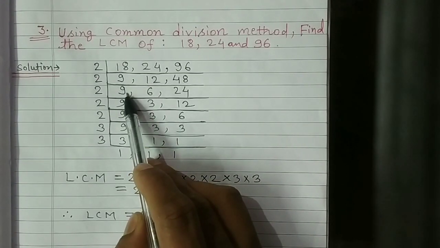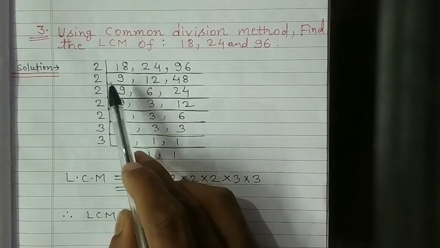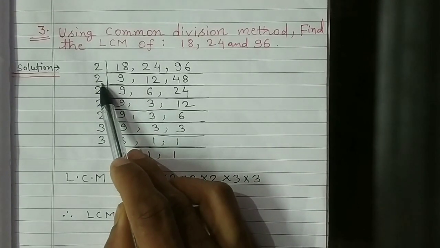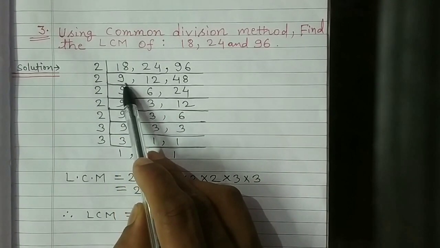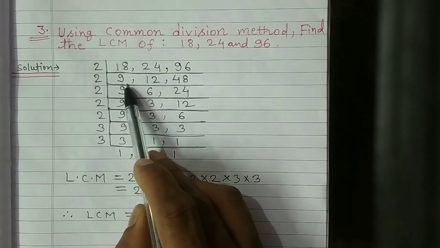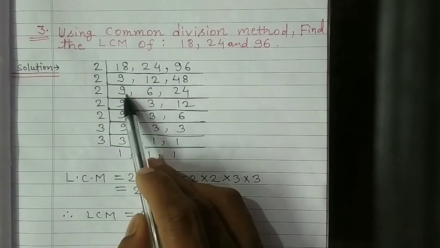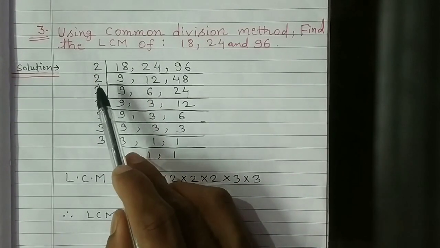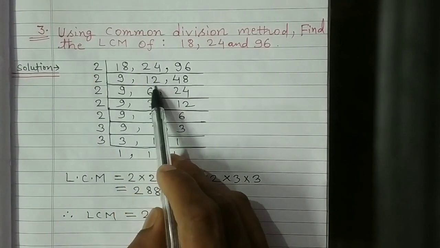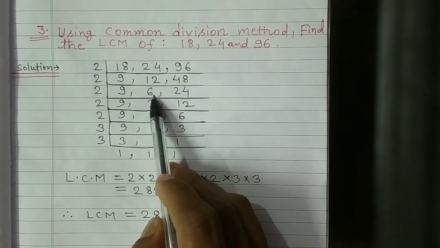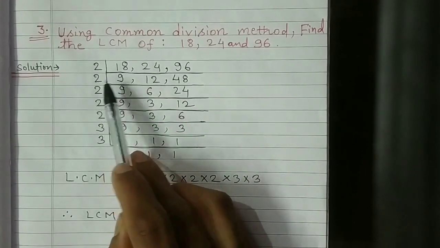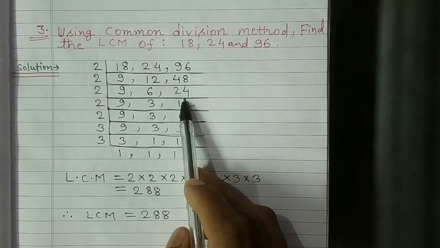You have to understand this: the prime number 2 will not divide 9 completely, so we write the same number. Now this 2 will divide 12 and the quotient will be 6, and this 2 will divide 48 and the quotient will be 24.